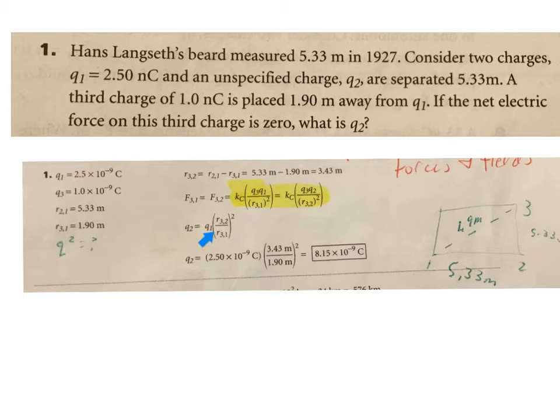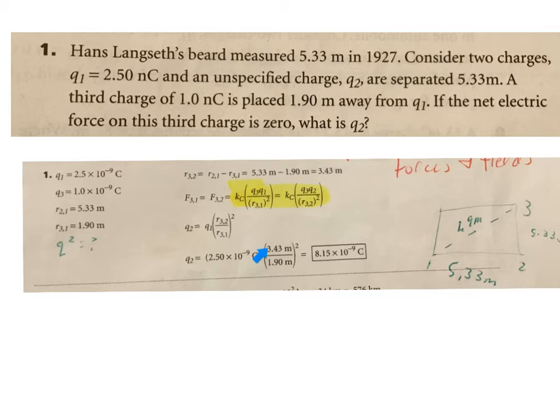So we're going to start putting our numbers in here. Our Q2 is our unknown. We can put our Q1 as 2.5 times 10 to the negative 9. Our r32, this area here, I got that number, that 3.4, by taking the 5.3 minus the 1.9.